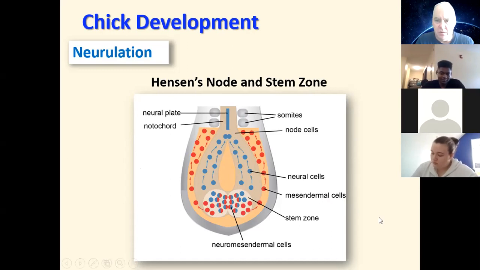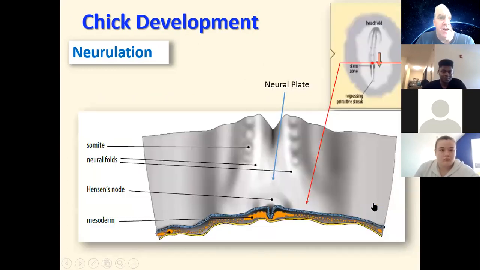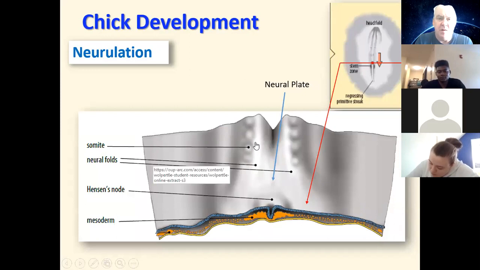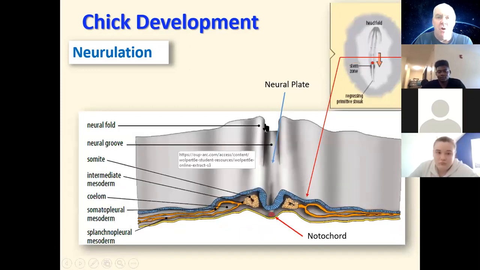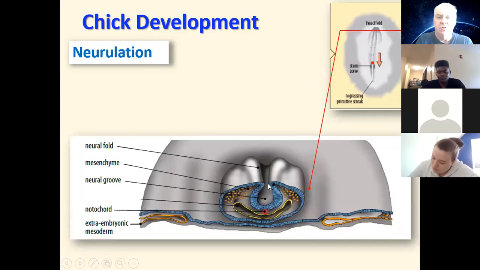Okay, so neurulation then occurs just like it does in the other models that we looked at, in that you get these neural folds coming up. You've got a neural plate right on top of the notochord, and the neural folds come up and bend over, and eventually they meet at the top and close.